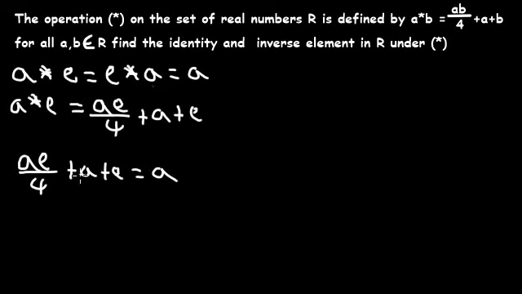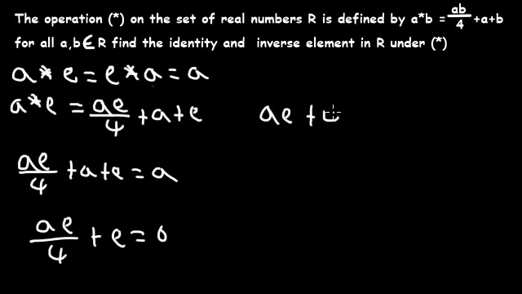Now at this point, the two a's can cancel. When this a comes to this side, it becomes negative a and cancels this. Perfect. So we have ae/4 + e = 0. Now we can multiply all through by 4, giving ae + 4e = 0.